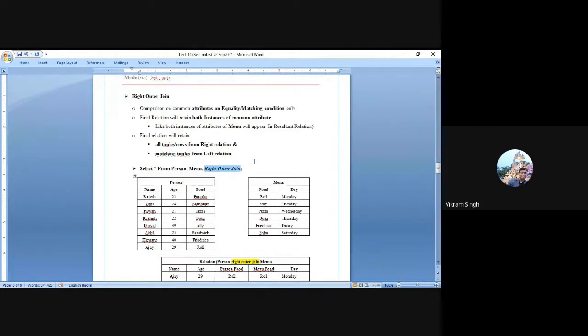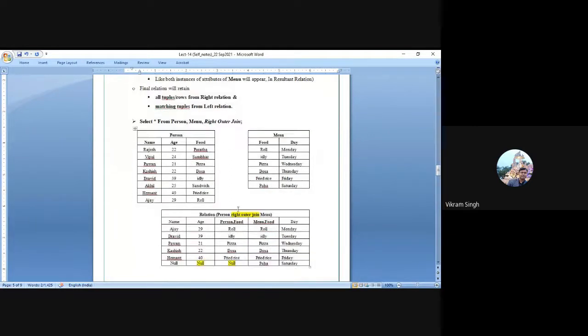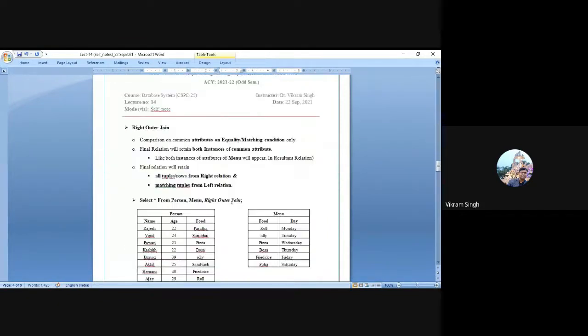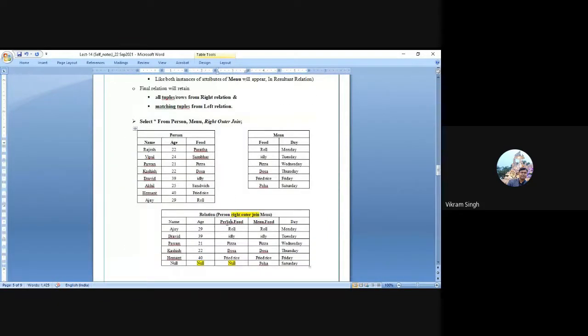The second thing is about the degree, or the conditions or instances of common attributes. So you can have a look, like in the case of outer join, both left and right, we have instances of common or matching attributes, right? You can say this right outer join is a kind of extension of natural join, right?